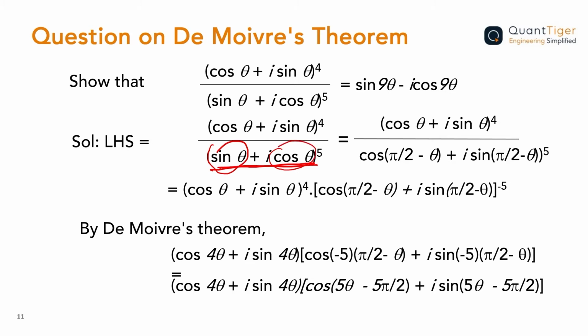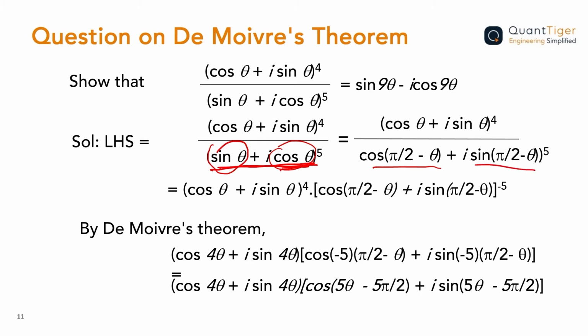So first of all we have to focus on how we will change it to get the desired form. We need to bring cos in place of sin, and we know the relationship. If I write cos of (pi by 2 minus theta), its value is also sin theta, and instead of cos theta we can write sin of (90 minus theta), or sin of (pi by 2 minus theta).